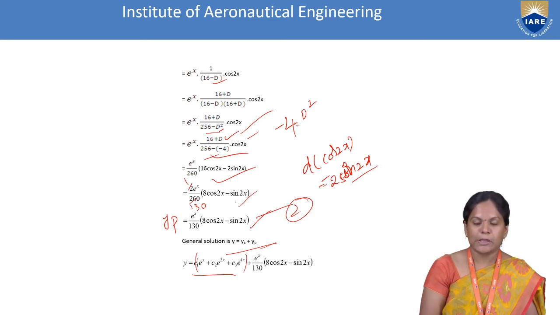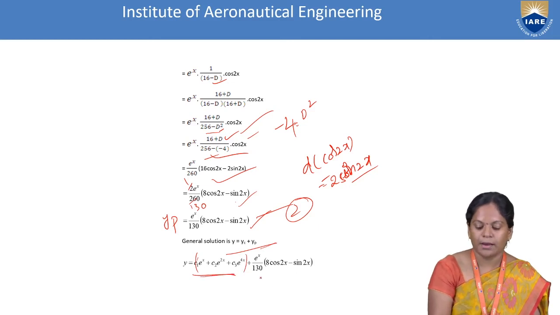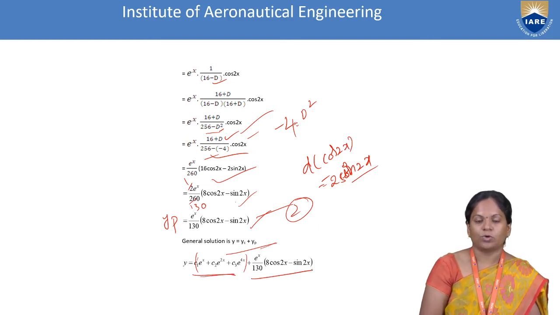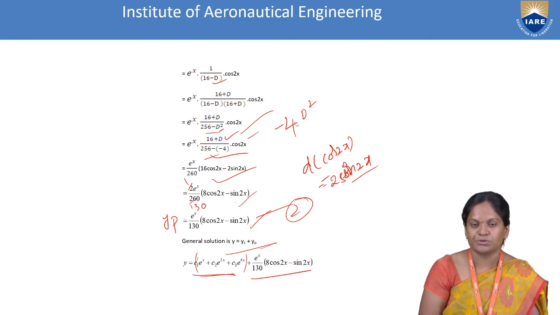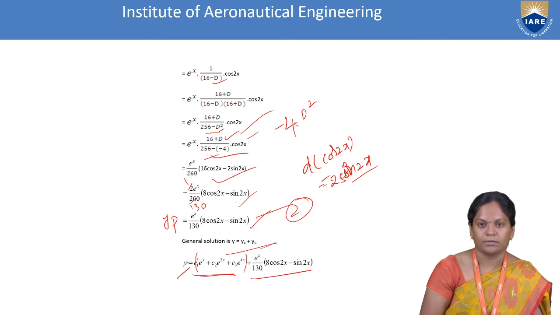That is e power x by 130 into 8 cos 2x minus sin 2x. This is the particular integral. Add both the terms, the yc term and the yp term. The combination of yc plus yp is nothing but the general solution, which we indicate as y.